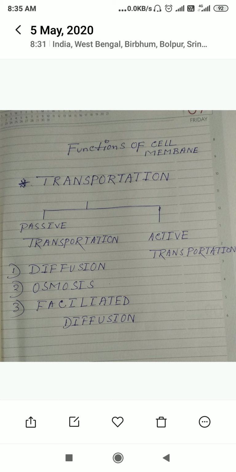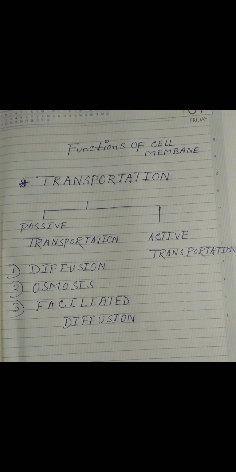All cells have a cell membrane, and in nature it is semi-permeable, so it is selectively permeable for some components. As an outer membrane, as a protective layer, another function of the cell membrane is transportation.